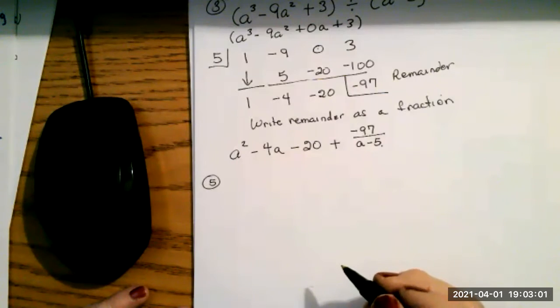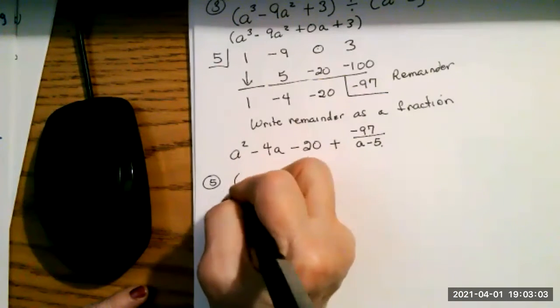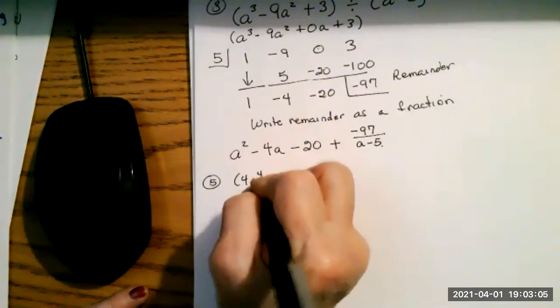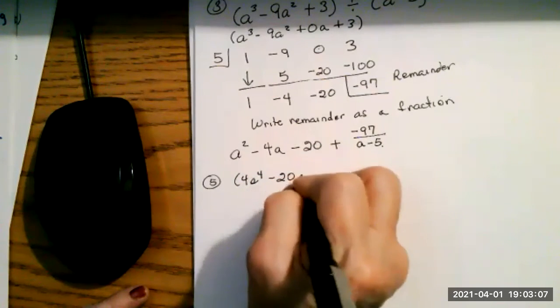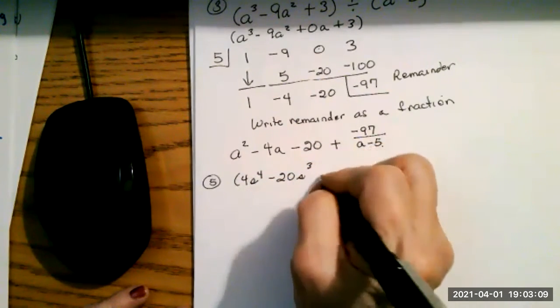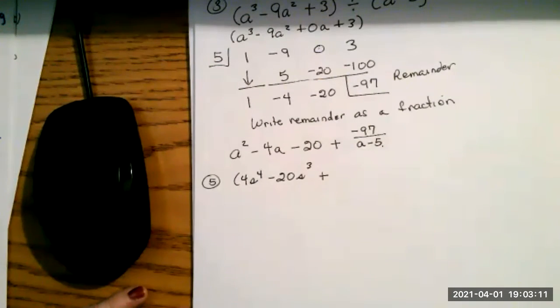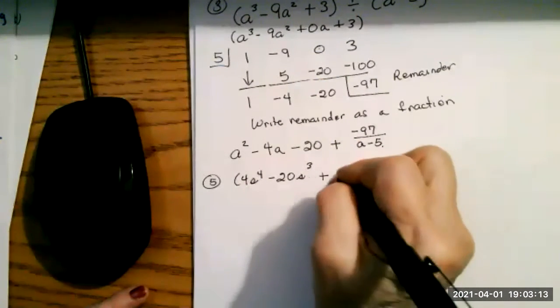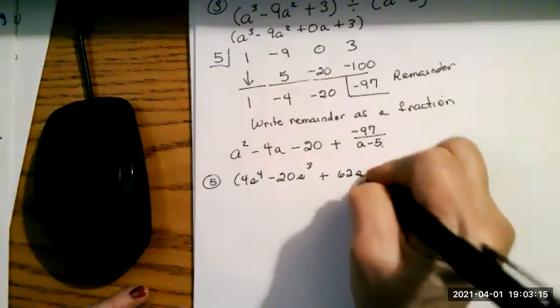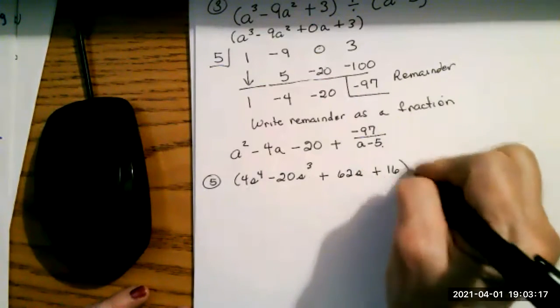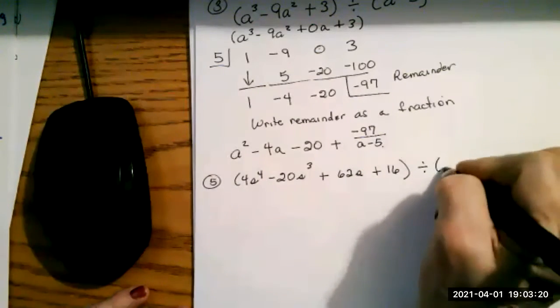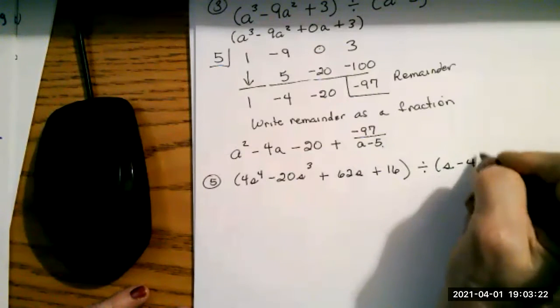Okay, let's look at number 5. Number 5 is 4s to the 4th minus 20s to the 3rd plus 62s plus 16 divided by s minus 4.